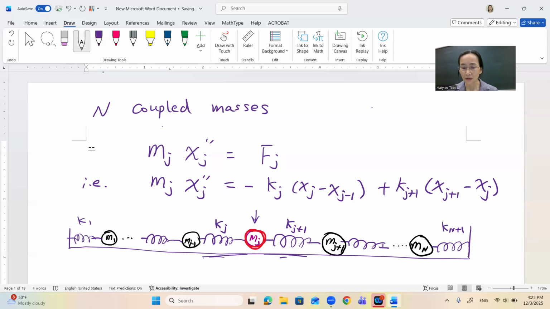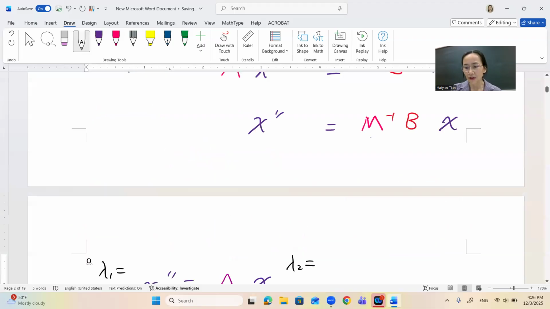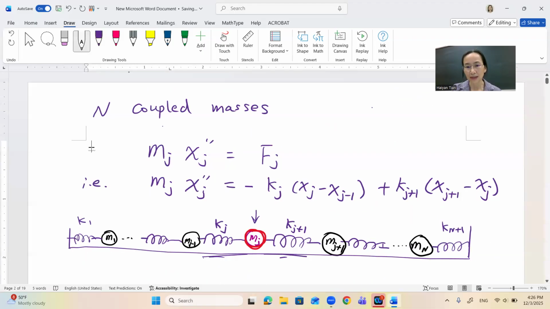So how do we calculate the external force on this jth body? That means the force from the spring on the left and the force from the spring on the right. So here we have two portions, the spring on the left and the spring on the right.